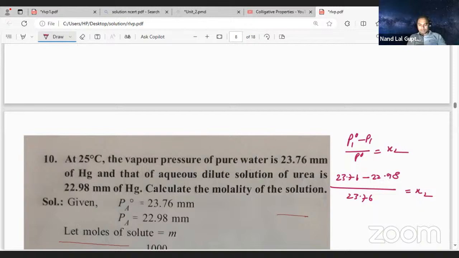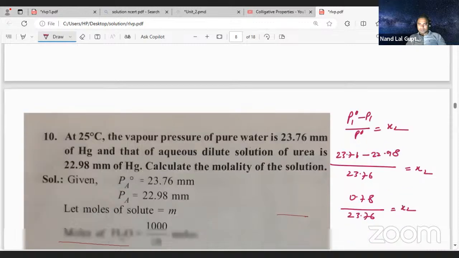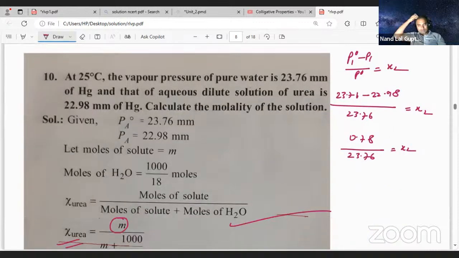Little bit you need to use the mind. 23.76 minus 22.98, so it is coming 0.78, divided by 23.76 is equal to X2. It is coming 0.032 is equal to X2. So this is the urea you got.